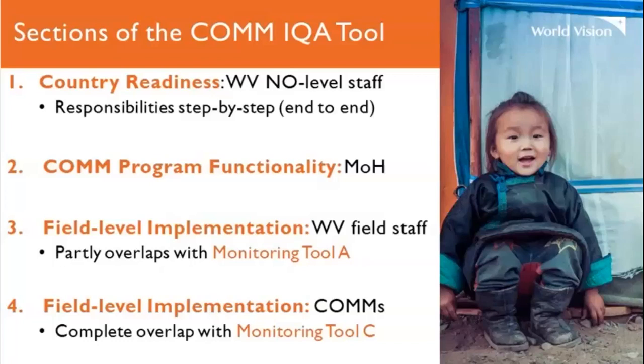Whereas in LACRO and Asia, you have much more privatization and decentralization going on. So when you're implementing an IQA for COMM in LACRO or Asia compared to where we're more used to working, what differences do you expect in terms of the roles of different stakeholders and entities?